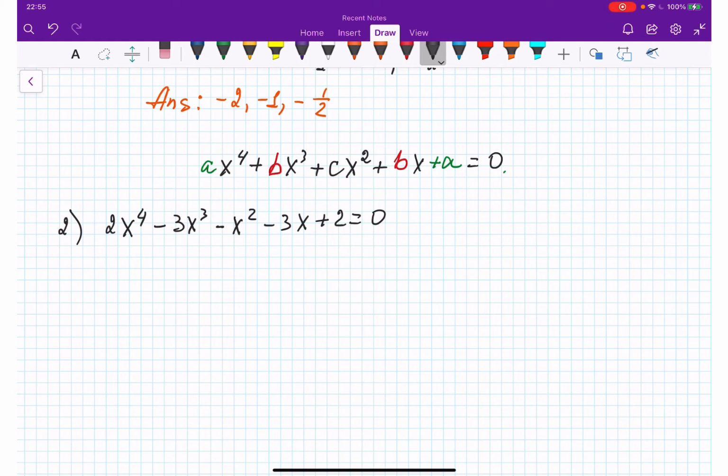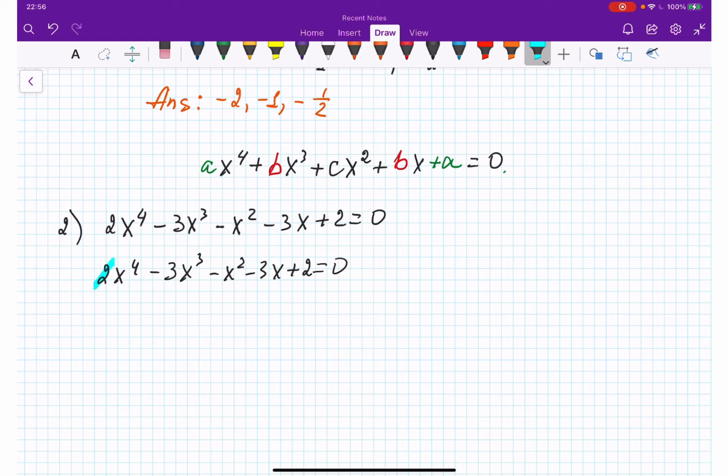So let me rewrite this equation. 2x to the 4 minus 3x cubed minus x squared minus 3x plus 2 equals 0. Let's see if it's matching the template that is given above. So our a is 2 here.